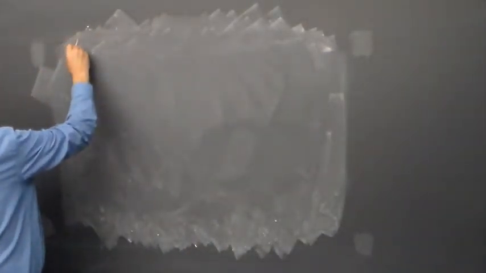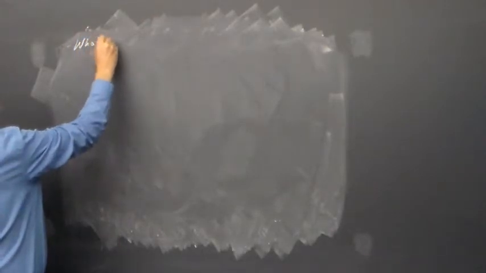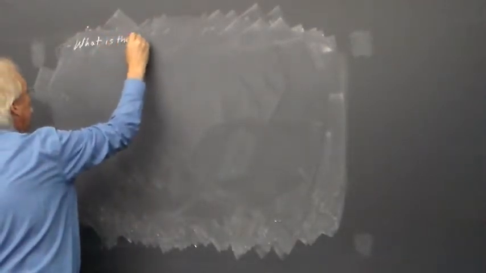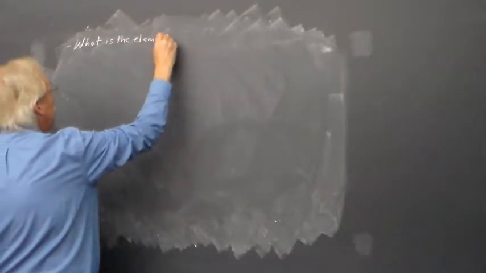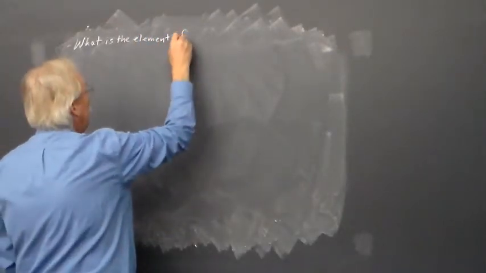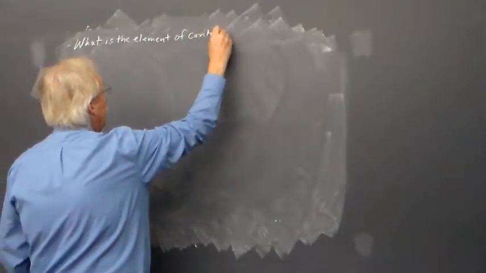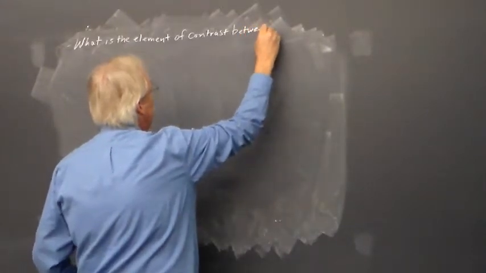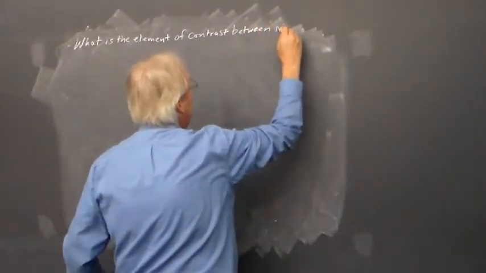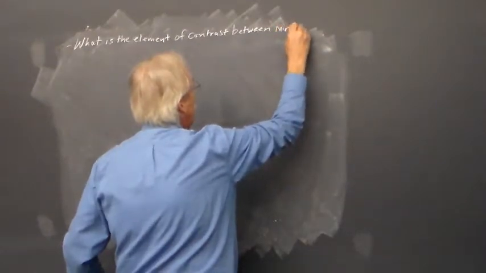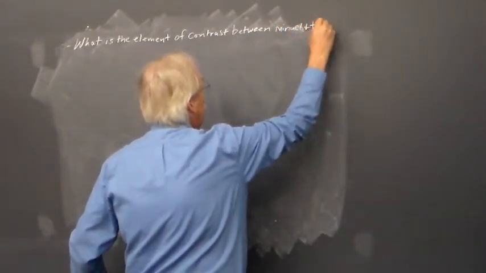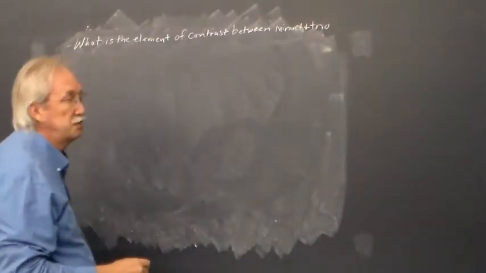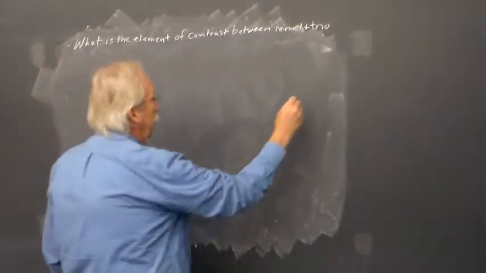And the thing you're looking for is that element of contrast. So what is that element of contrast between the minuet and the trio?